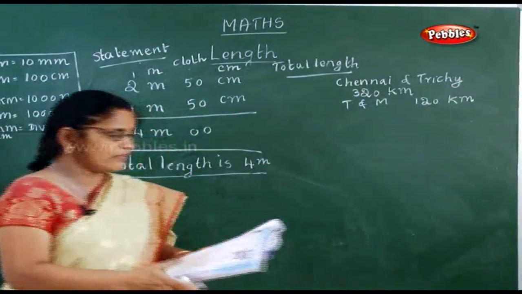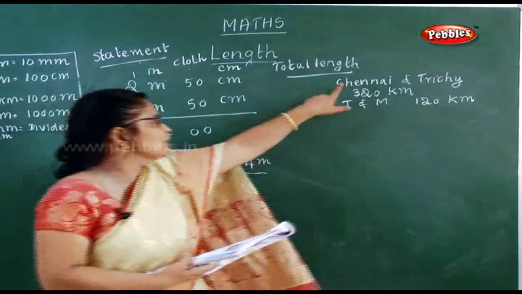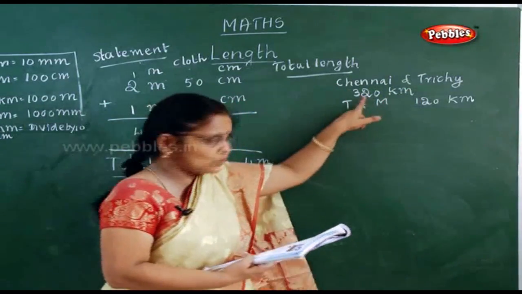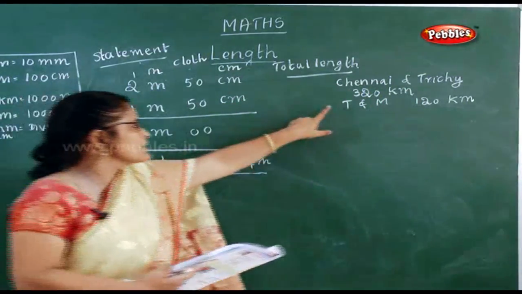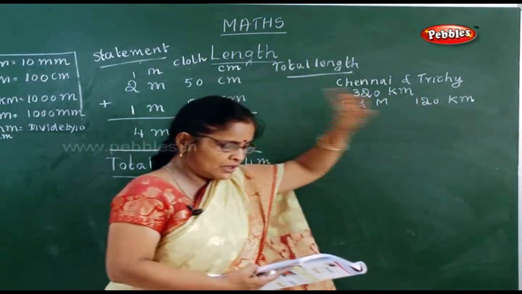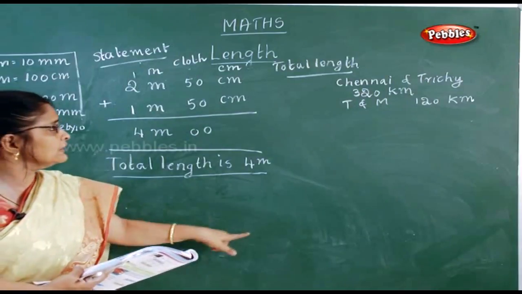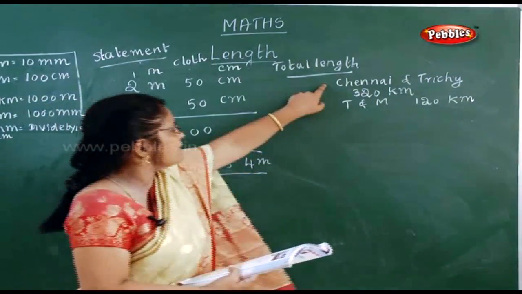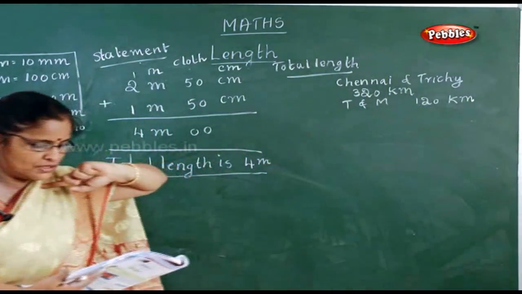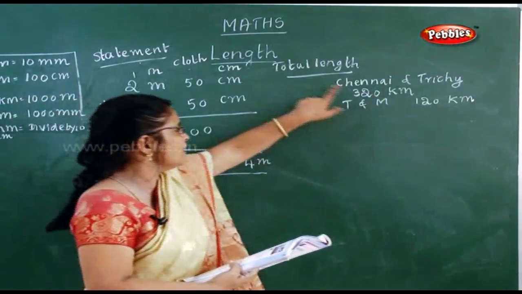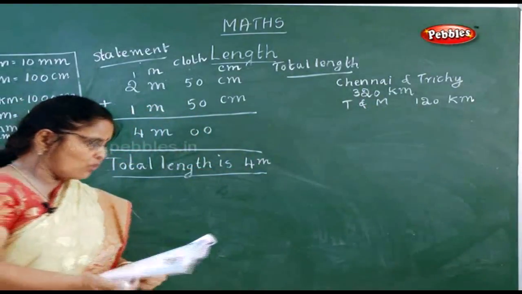Now the sum they have given in your book is: the distance between Chennai and Tiruchi is 320 kilometer. Tiruchi and Madurai is 120 kilometer. Now the question they have asked is, what is the distance between Chennai and Madurai? Now what do you have to do?